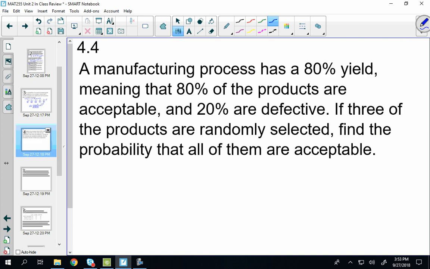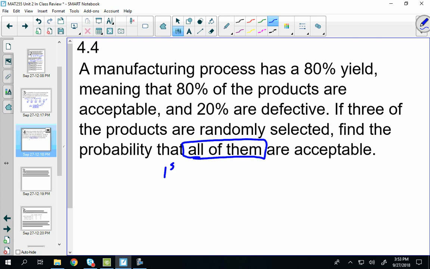Now if I look at this next one, it says the manufacturing process has an 80% yield, meaning that 80% of the products are acceptable and 20% of them are defective. If 3 of the products are randomly selected, find the probability that all of them are acceptable.